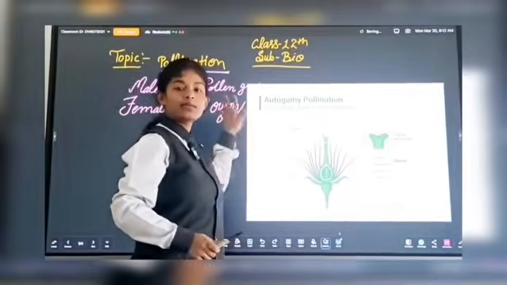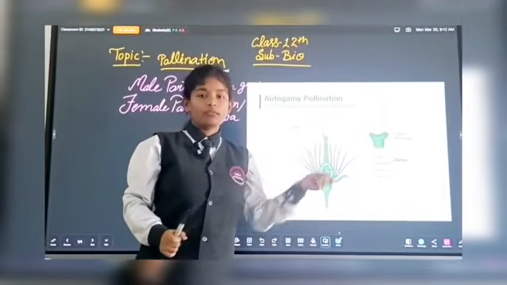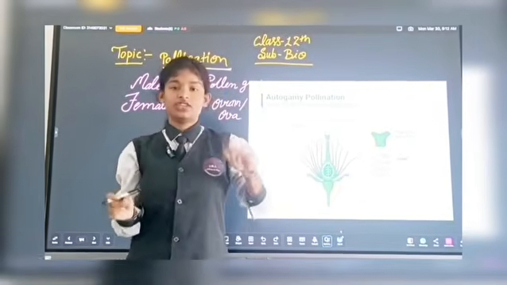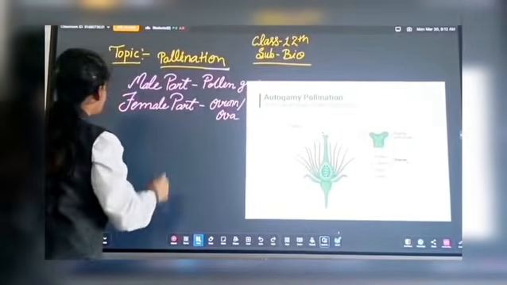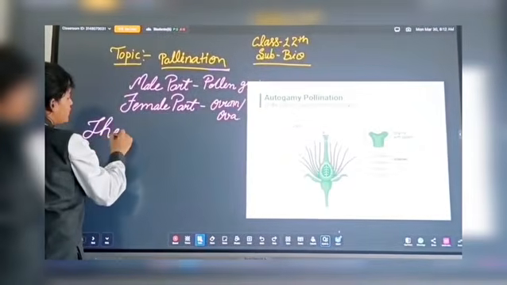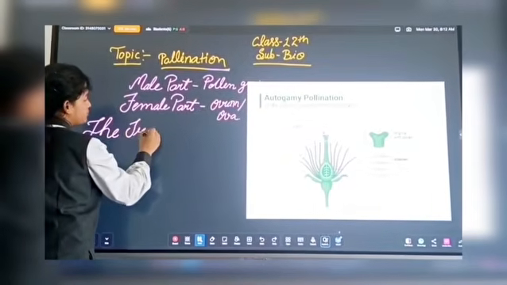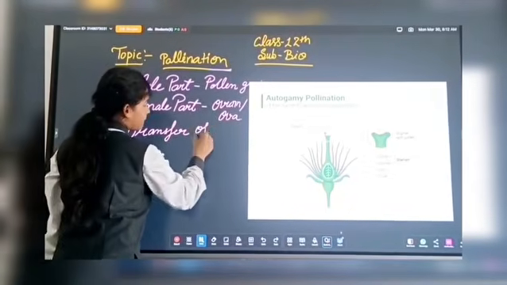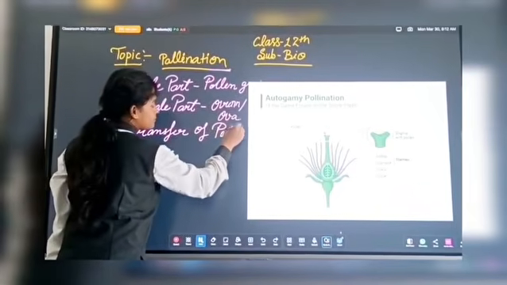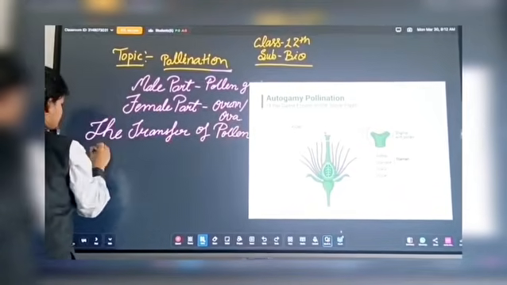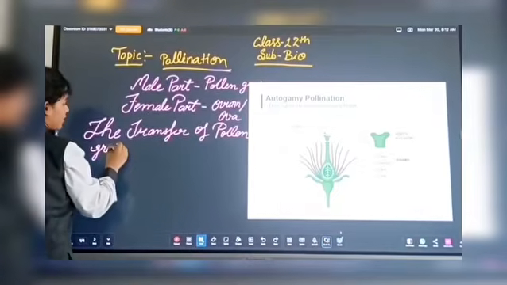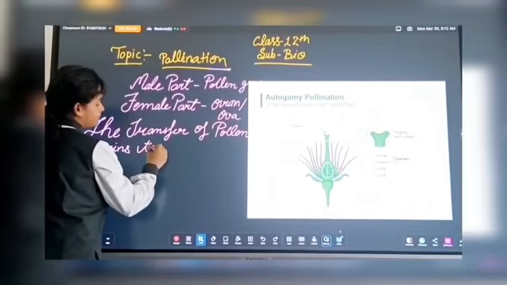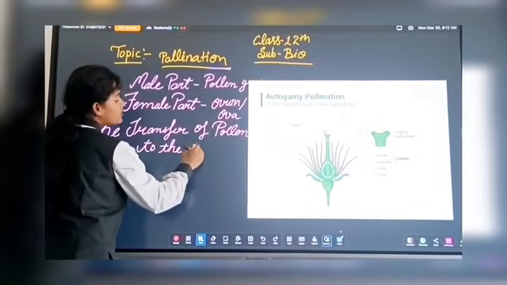We know both gametes are non-motile, which means they can't physically move from one place to another. They need an agent. So pollination is the transfer of pollen grains to the stigma of the flower.